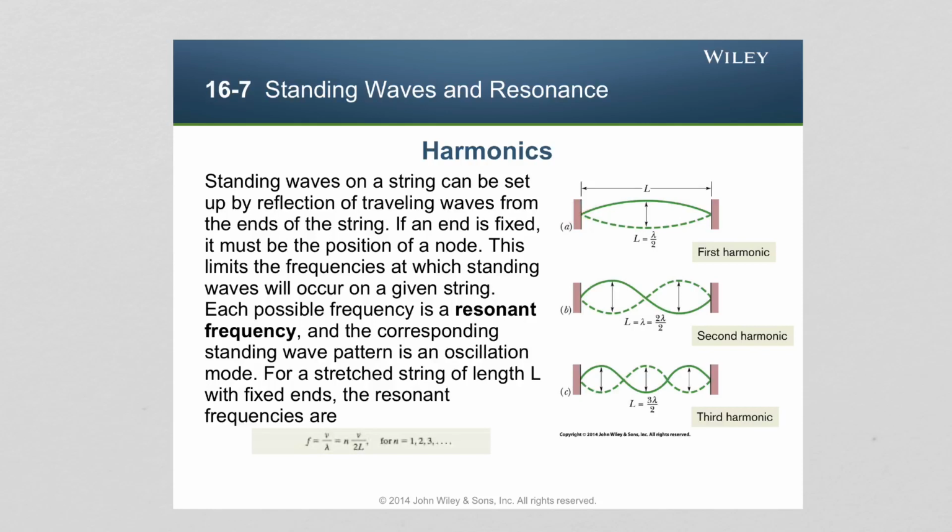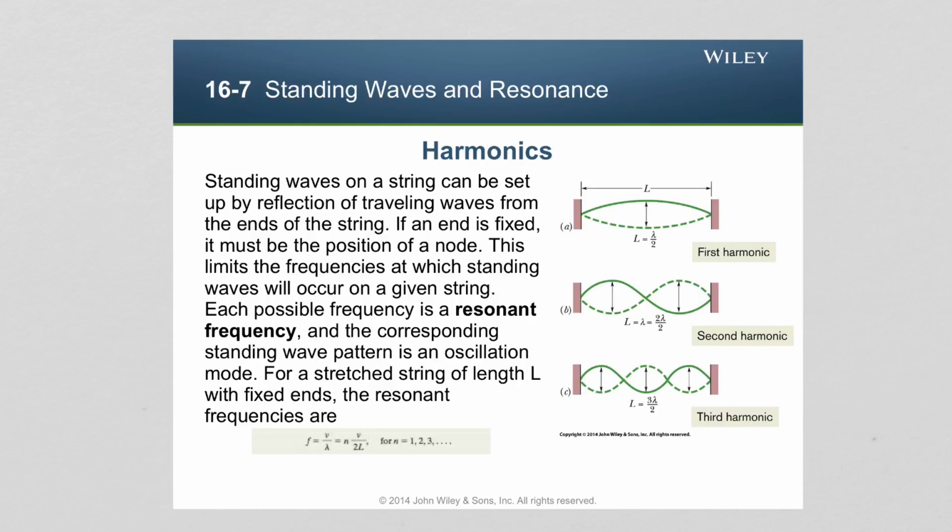So then that means that not all waves created on the string will produce a standing wave pattern when the waves interfere with each other. Only waves with certain frequencies will create these standing wave patterns.